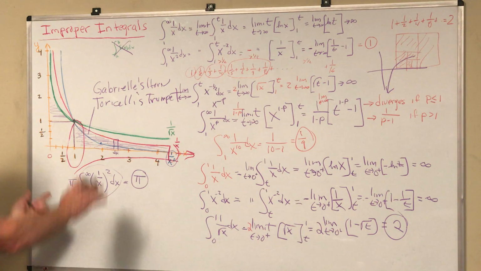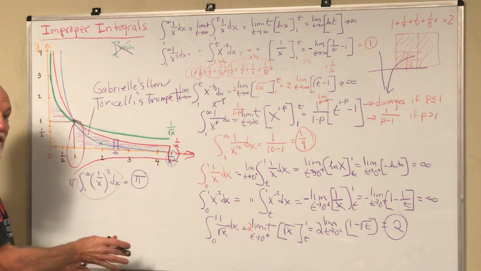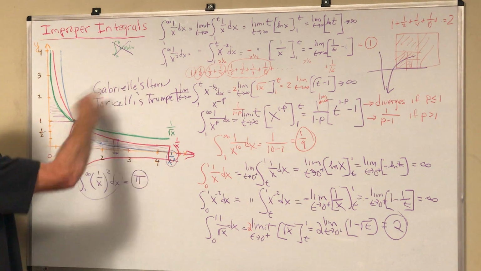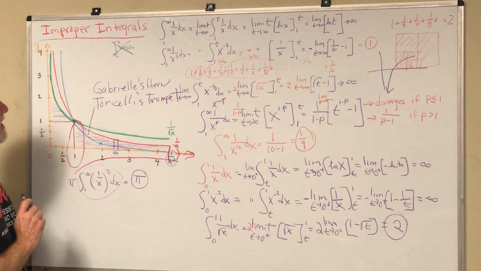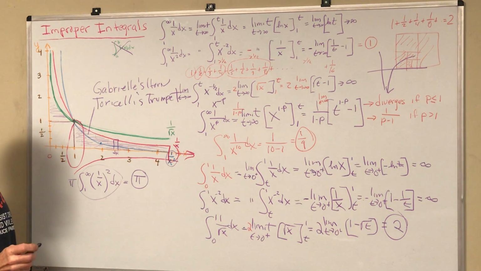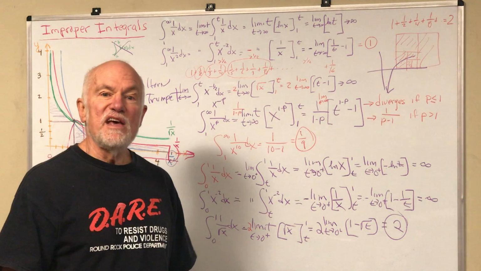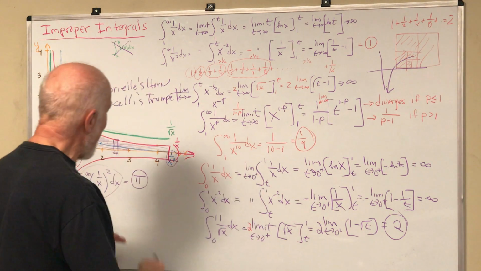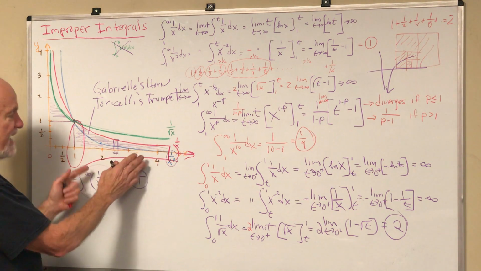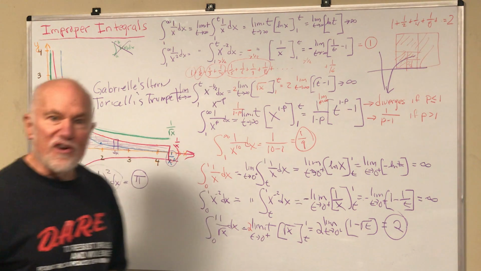Anyway, there's a lot of things. I think I've gone into it far enough for this lecture, but if you want to go on the internet and look into this, just type in Gabriel's horn, Torricelli's trumpet, or you could type in the painter's paradox, because the paradox is you could have a finite amount of paint, the volume, to paint an infinite amount of surface area.